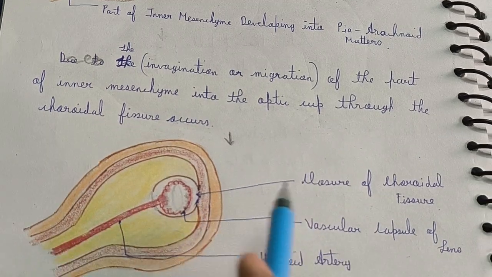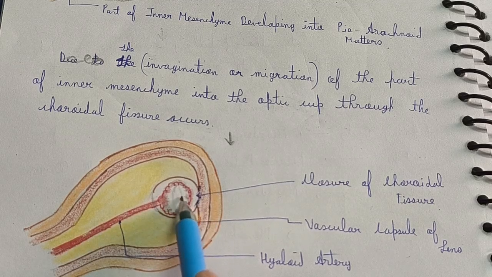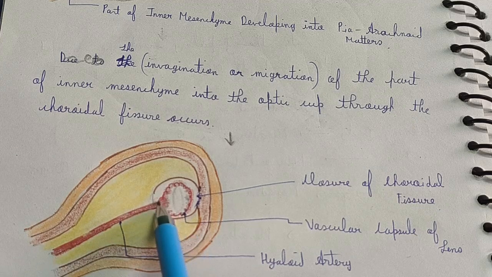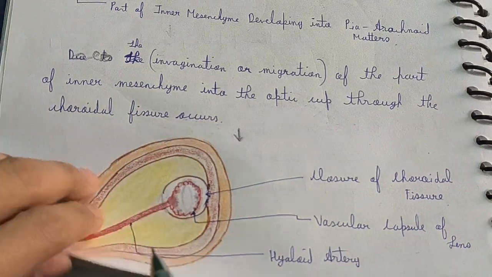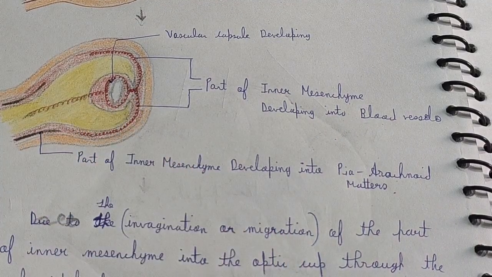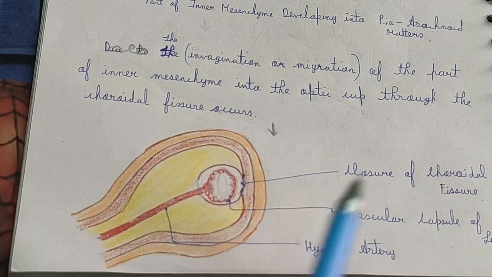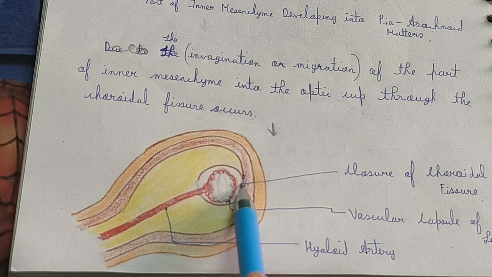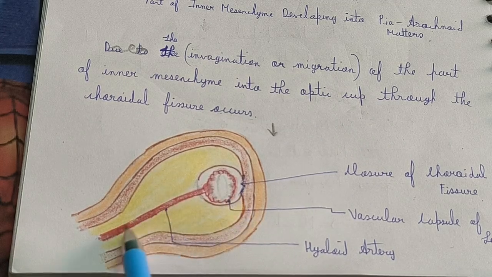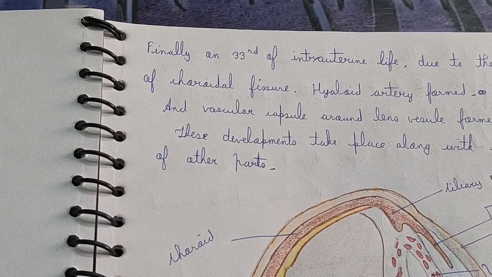So here you can see that after the closure of this choroidal fissure, a vascular capsule is made around this lens vesicle, and the part of inner mesenchyme which enters into this optic stalk through this choroidal fissure is converted into the hyaloid artery. So after the closure of the choroidal fissure, a vascular capsule and hyaloid artery develop, and this is done on the 33rd day of intrauterine life.